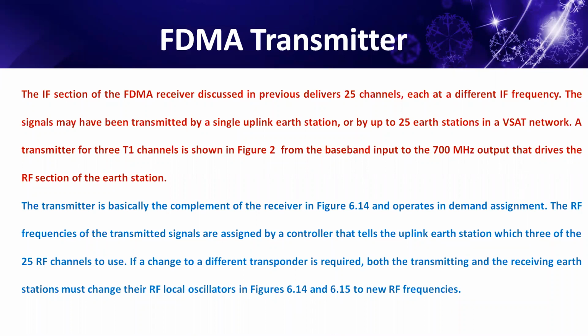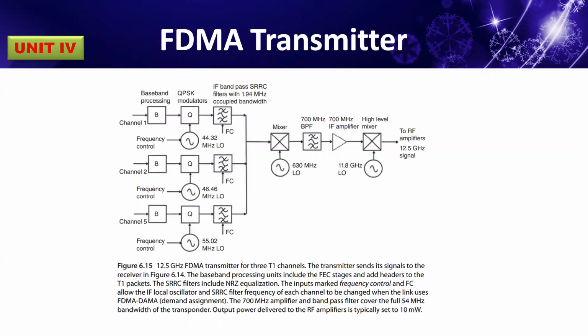Therefore 3 channels are shown in the particular transmitter picture, having baseband limited by 700 megahertz. That is the second key point. Third, the transmitter is basically used with the receivers that operate on demand assignment. So what is meant by demand assignment?